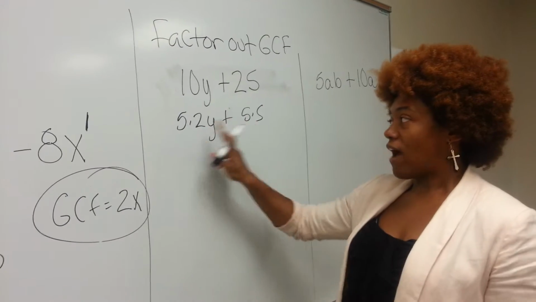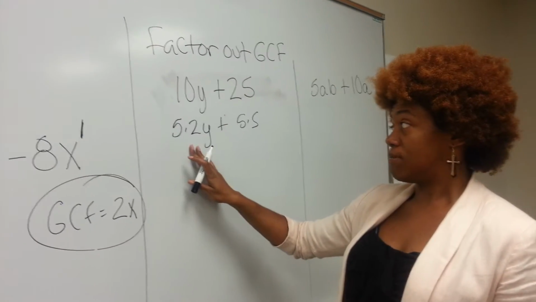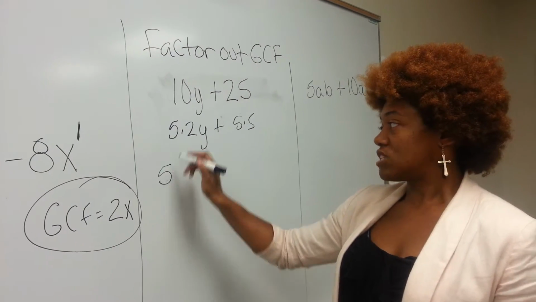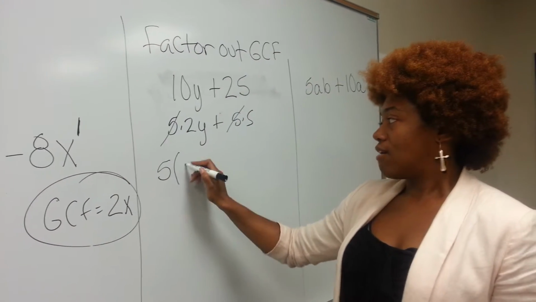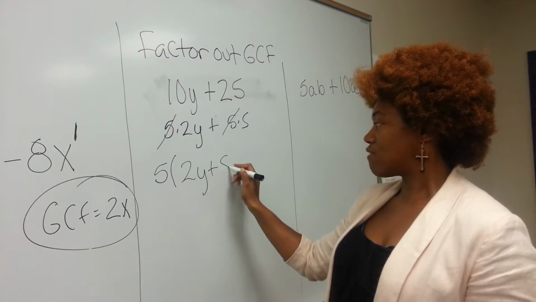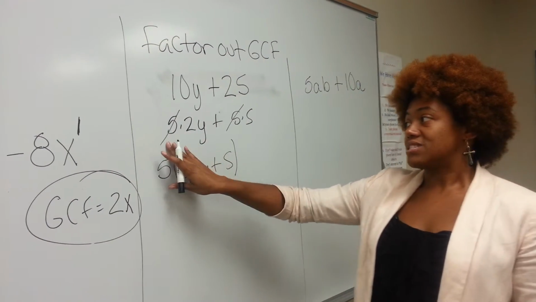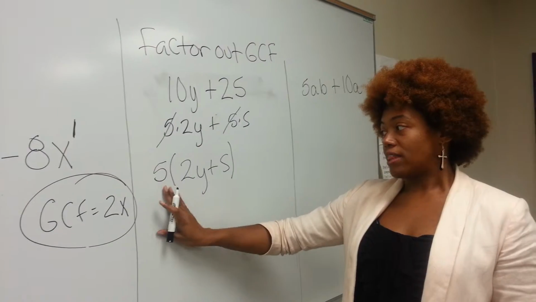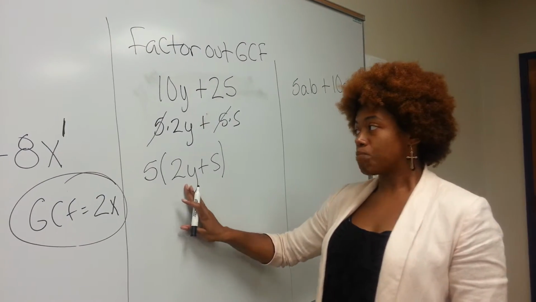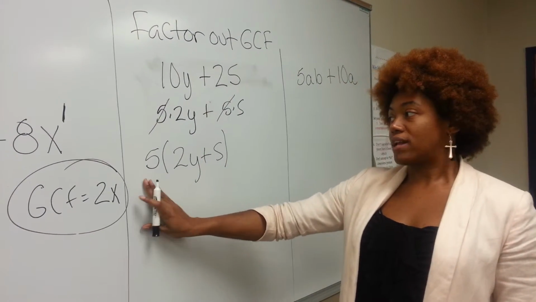So my common factor between the 2 terms would be 5. So if I factor this out, that means I'm left with 2y plus 5. So again, when I use the term factor out, that means I'm just bringing it to the front of the polynomial or the binomial. Okay? We do not get rid of the greatest common factor.